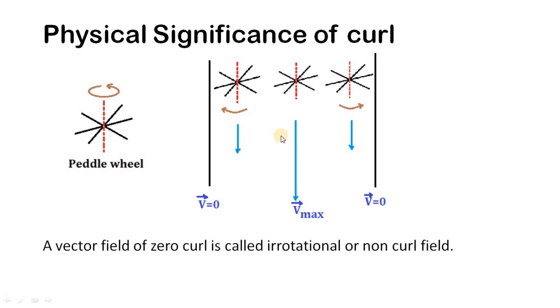Then by looking at the ability of the water current to rotate the paddle wheel, one can understand that the left side of the stream has a positive curl and the right side of the stream has negative curl, but the midstream has 0 curl. Now if the wheel is immersed in the water with its shaft horizontal and perpendicular to velocity vector v, then it will not rotate.